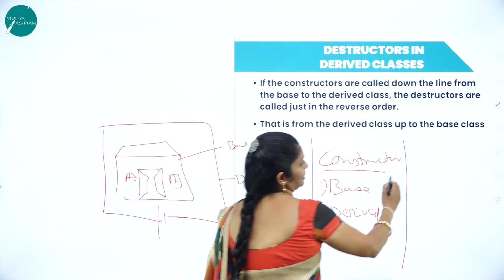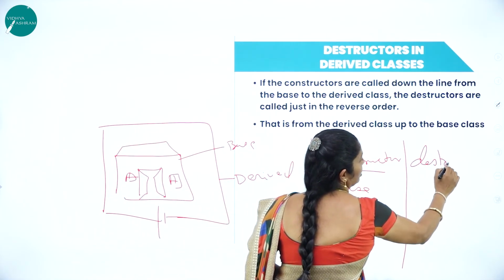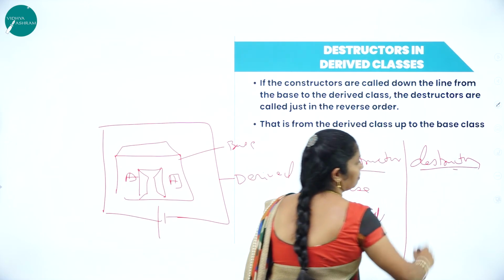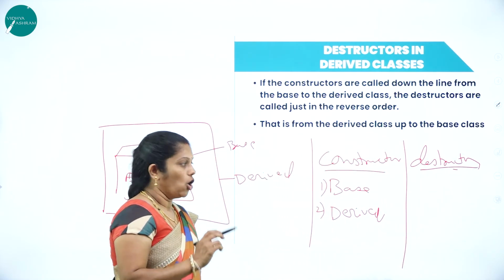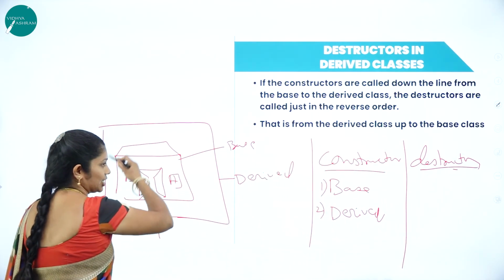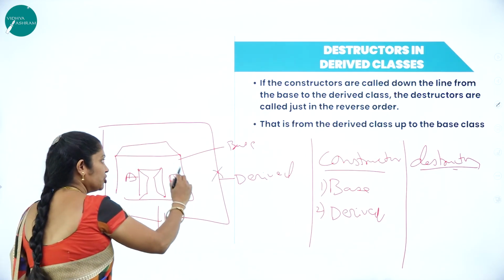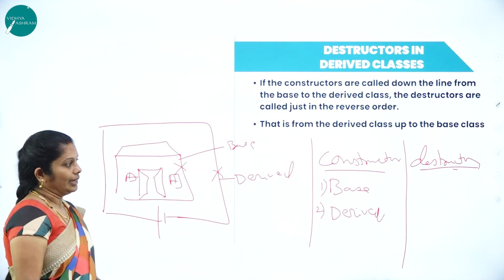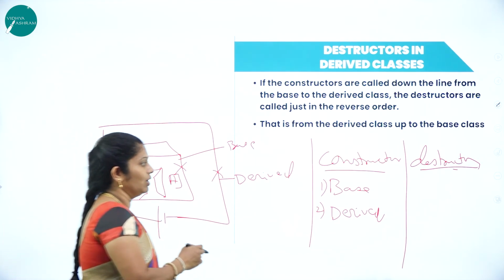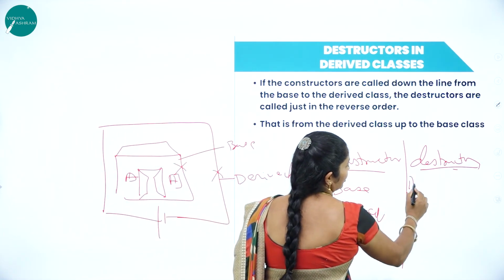If you have destructors in both the base as well as the derived class, in that case, if I want to destroy, if I want to demolish, first I will demolish the compound, then later I will demolish the home. Is it not? That means in the destructor case, first the derived class will execute.